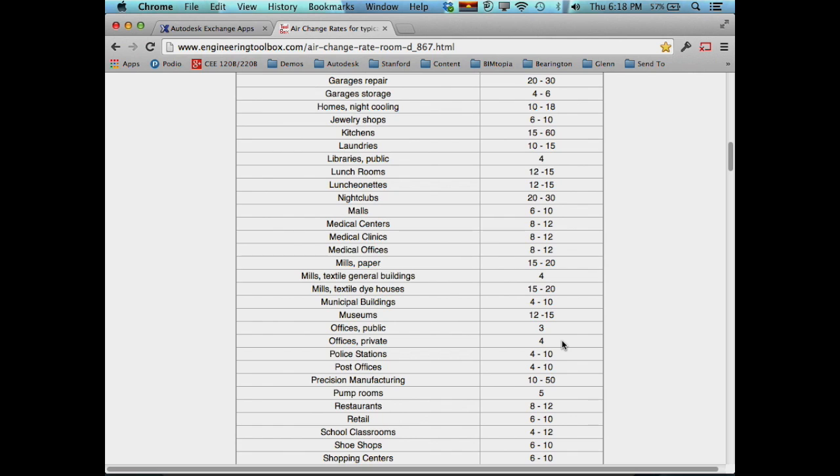Now, if our life was so simple that it was only air changes, that'd be good. But it actually involves a little bit more than that. And we're going to complicate it just a little bit. Because if we were only concerned about air changes, we could take that air that's coming out, put some sort of an air handler in here, and then pump it back through over here.